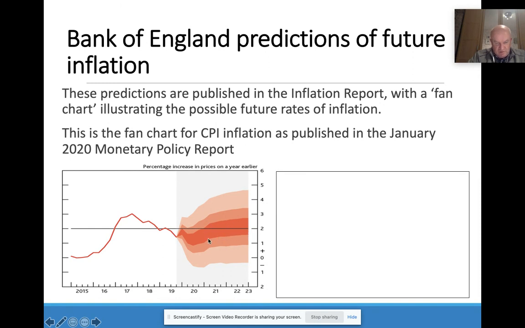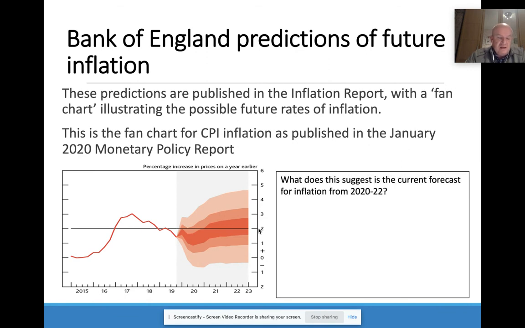Now, obviously, one could argue that is around about the 2% inflation rate that they're aiming for, and that's the target that they've been set. But clearly, this was done back in early 2020, January 2020, nearly a year ago, and may not necessarily have considered what's happened to the world in the last year or so. So that's something to bear in mind.